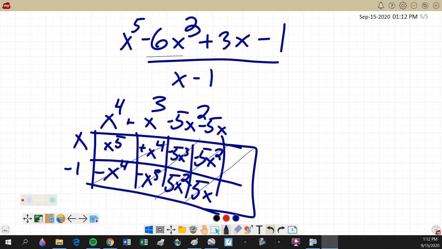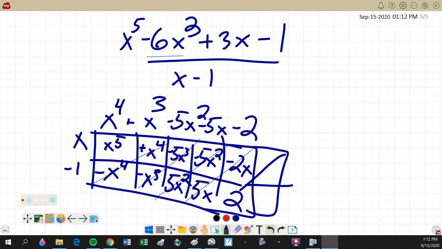I have 5. I need -2 more. That times that is 2. Did I finish? No. So I add a column. Those two need to add up to be -1. So I subtract 3. And that's the same answer that we got before.